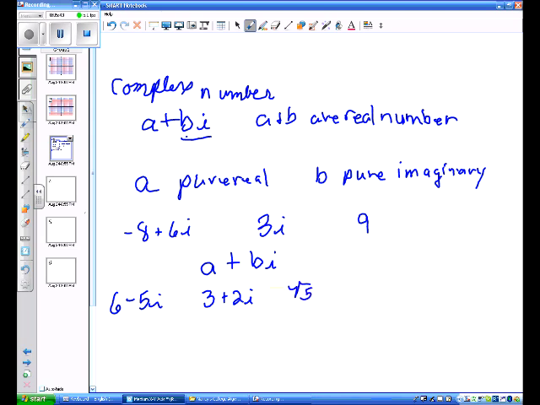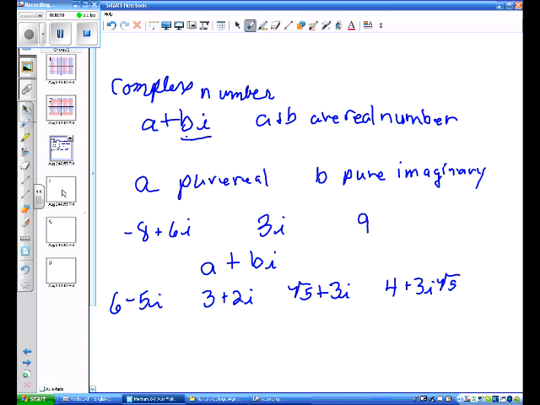The square root of 5 plus 3i, or the number 4 plus 3i square root of 5. We just put the i between the 3 and the square root of 5. That's still the b, 3 square roots of 5, but it helps us distinguish the i, just like we did with our variables.